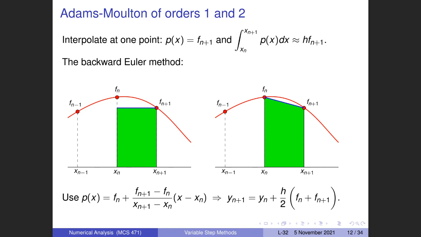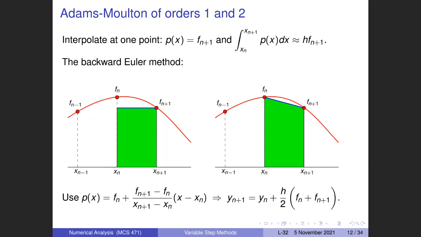The backward Euler method does extremely well on that equation that we had last time, a function rapidly converging to 1. Here the backward Euler method is derived by the backward integration rule.